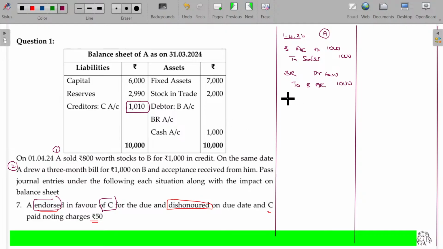The difference between these two, 10 rupees, is my discount received. So, C account debit, the amount payable to C being 1010, but we have given only 1000 rupees worth of BR. The difference of 10 rupees is called discount received.